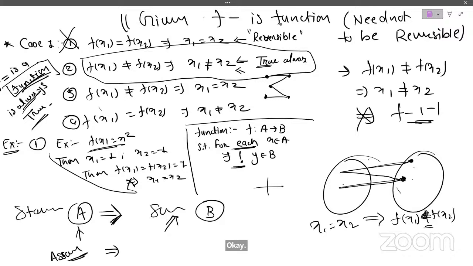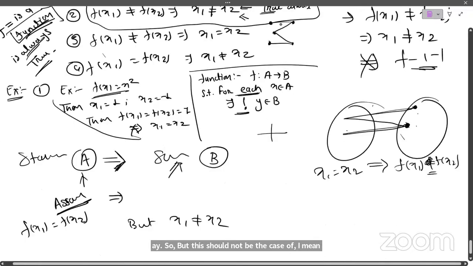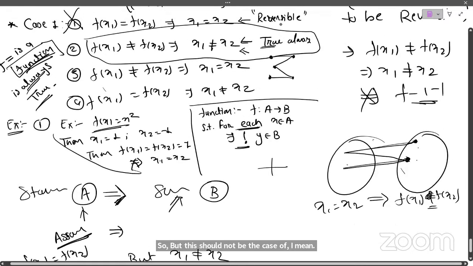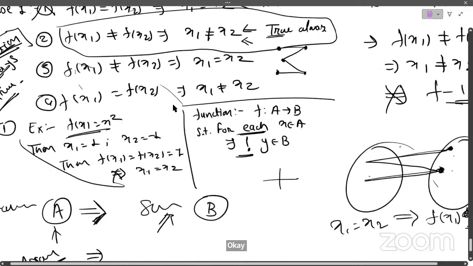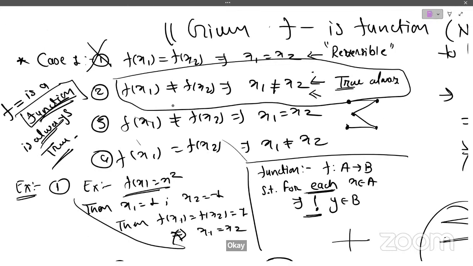Yeah, this is correct. But this should not be the case of reversibility. We want the other way around. So this is not true in general. I'll just find an example and tell you in some time. But I'm 100% sure that this is not the case for reversibility. This won't imply reversal. Why?